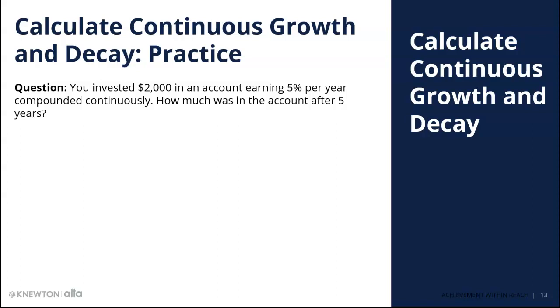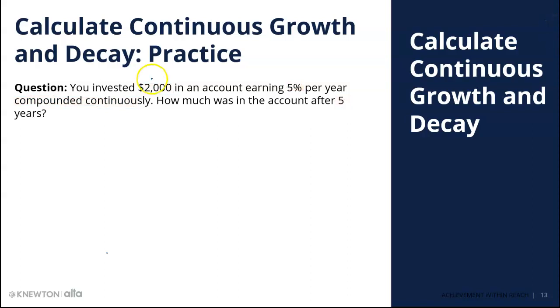Here we are given 2,000, and 2,000 is the initial amount invested. And then 5% here is the rate. This is compounded continuously, so we know what formula to use. And then we want to know how much is in the account after 5 years. So that gives us also the time.